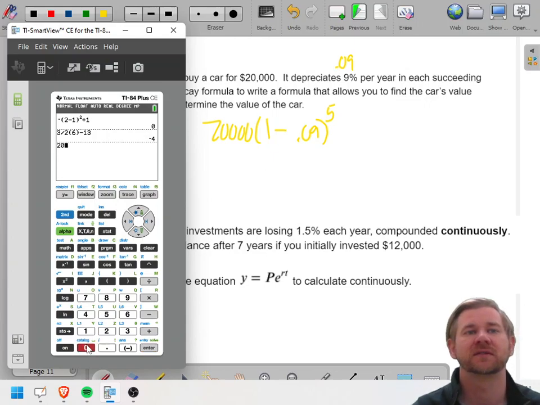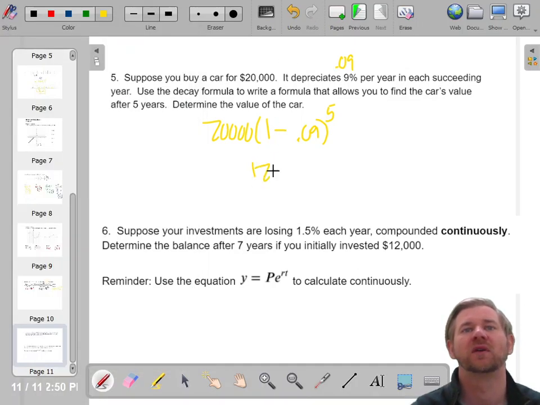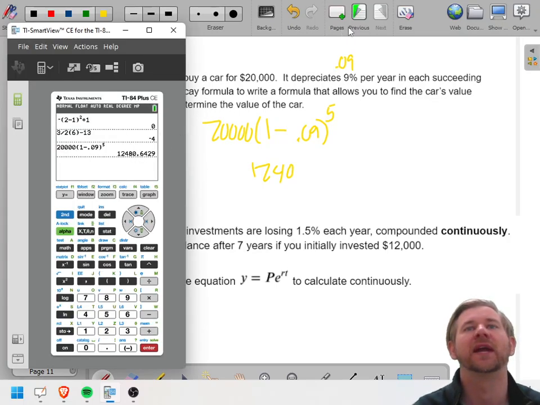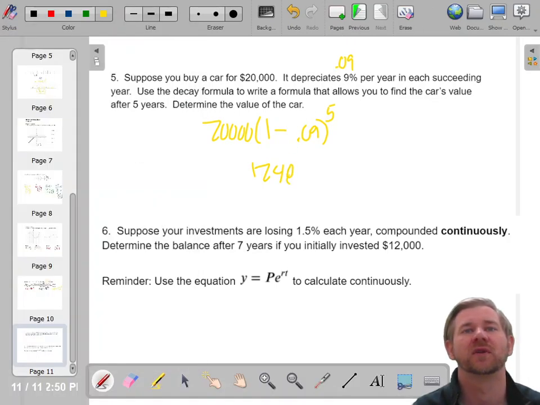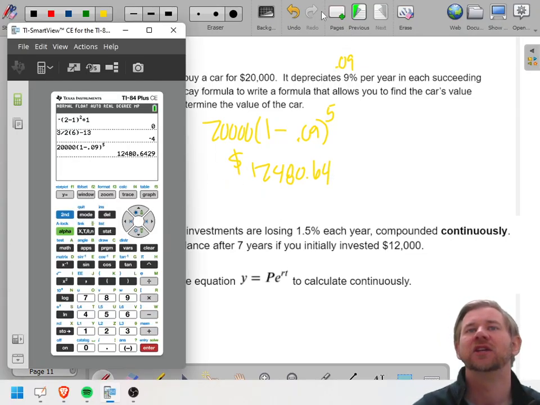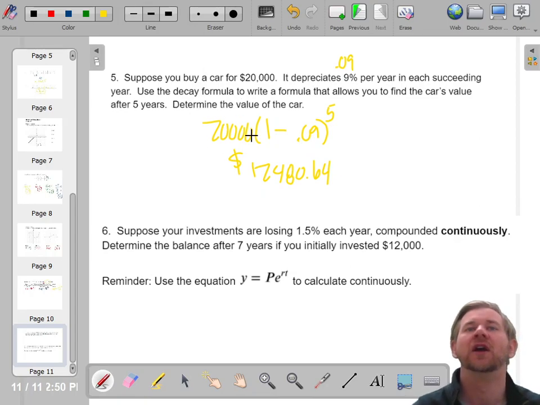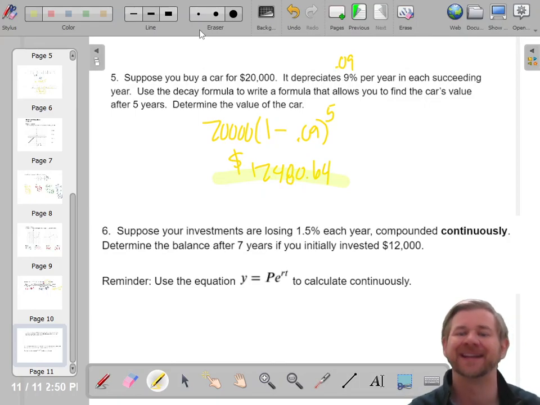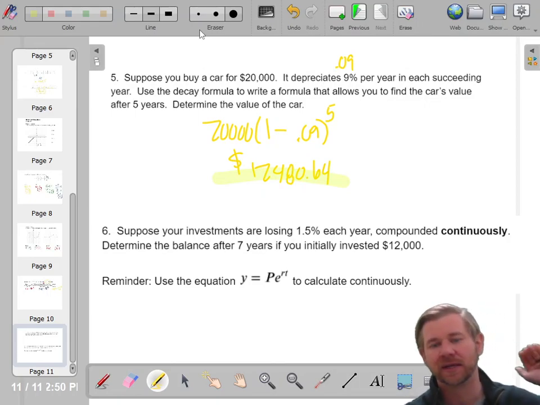So 20,000, 1 minus 0.09, and if it's 5 years, to the 5th, 12480.64. Okay. So what that means is you had a $20,000 car, you bought it, you drove it around for 5 years, you decide to sell it, you're going to get about $12,000 for it. It's a used car, it depreciates, its value decreases.